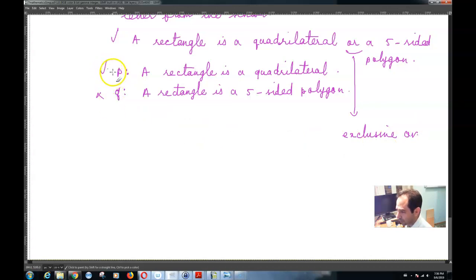If this is true, this has to be false, and both of these cannot be true at the same time. So here OR is exclusive. When we look at the component statements, we get that the statement is true. Okay.